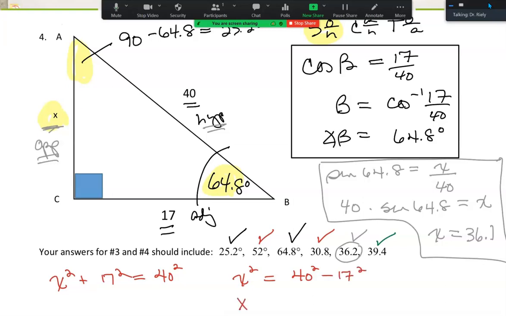I don't want x squared, I want x, so take the square root of both sides. Put that in your calculator and you will get 36.2. So sometimes it's a slight rounding issue, but don't let that worry you. 36.2 and 36.1 are equivalent answers for our purposes.